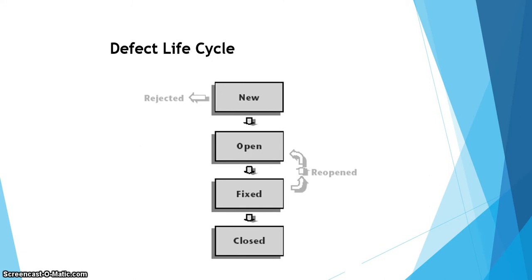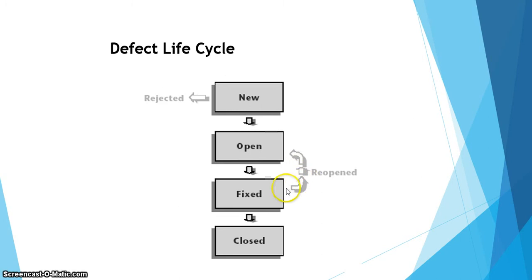Now that defect can be accepted and made open, which is the second step, or it can be rejected for whatever reason, saying not in the requirements, or the test case is incorrect, or data incorrect, or environmental issues. Once it's accepted and the status becomes open, it gets fixed, and after fixing it gets released.